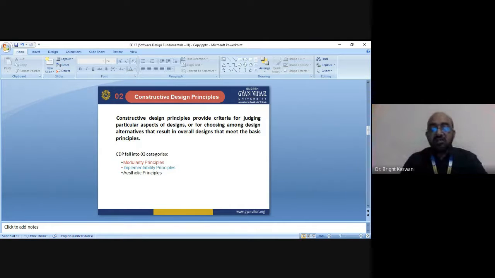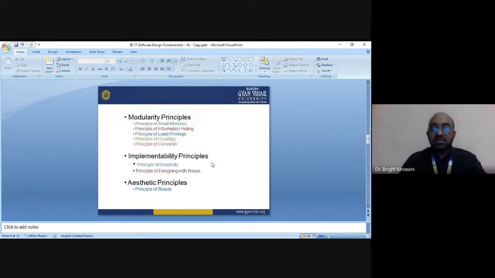Third is the principle of least privilege. Fourth is the principle of coupling. And last is the principle of cohesion. First of all, we will discuss the principle of small modules.